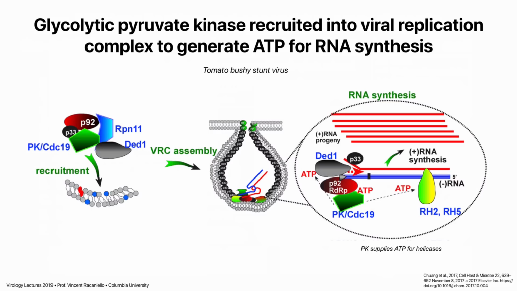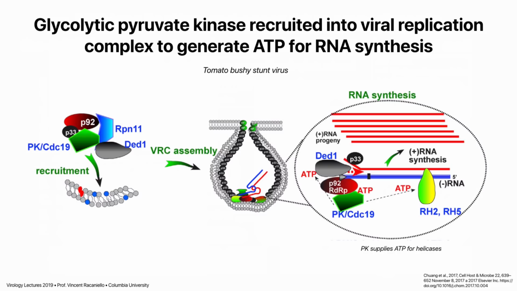But what is particularly neat about this is that the RNA polymerase, which is this red protein, p92, binds to pyruvate kinase, PK. And that, of course, is an enzyme that is needed to make ATP. The polymerase recruits it into this vesicle. So now it's in the vesicle there.